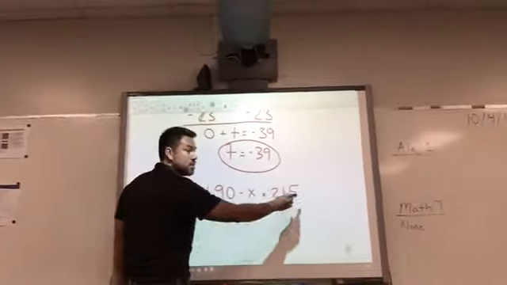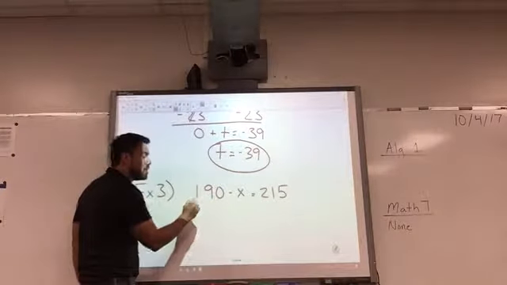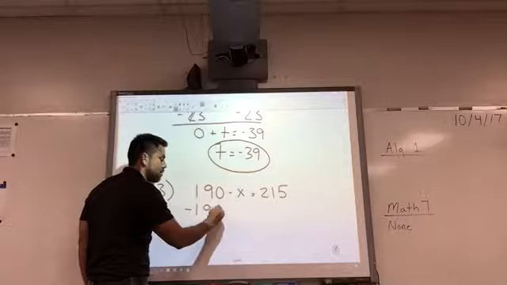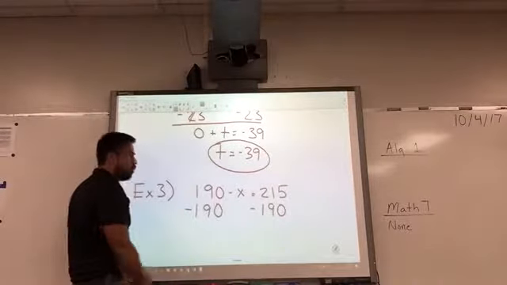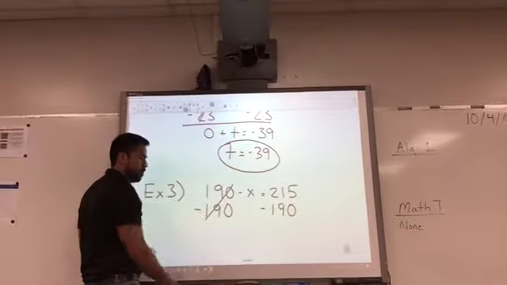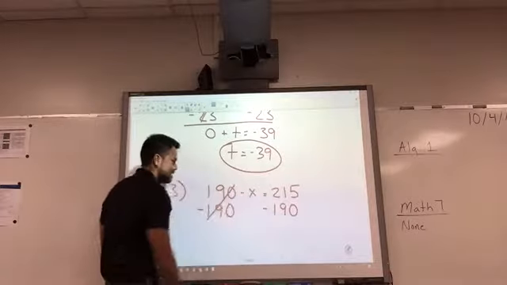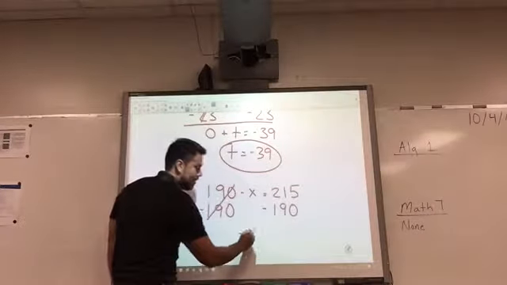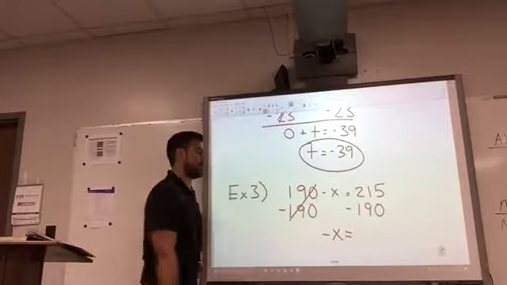All right, the first thing I do is this. I want to get x by itself, so I'm going to subtract 190 from both sides. What's 190 minus 190? It's 0. And what's 0 minus x? Negative x. Right? 0 minus x is negative x.